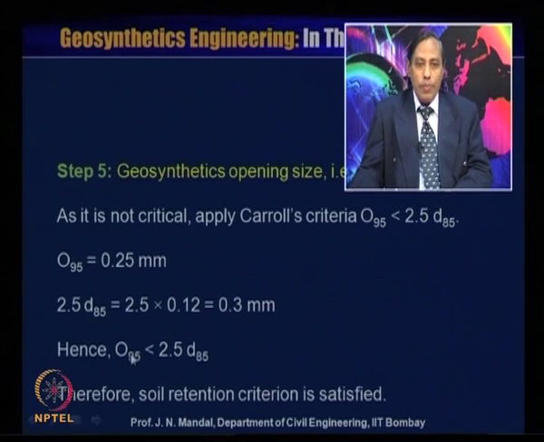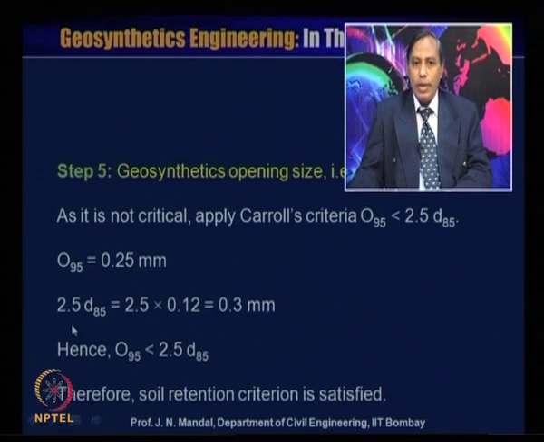Now O95 is given as 0.25 millimeter. So 2.5 into D85. D85 is also given, that is 0.12. So 2.5 into D85 means 2.5 into 0.12 is 0.3 millimeter, and O95 you can see is 0.25 millimeter, that should be less than 2.5 into D85.